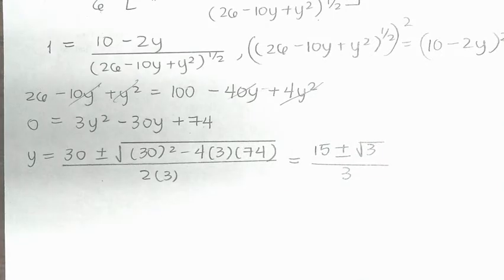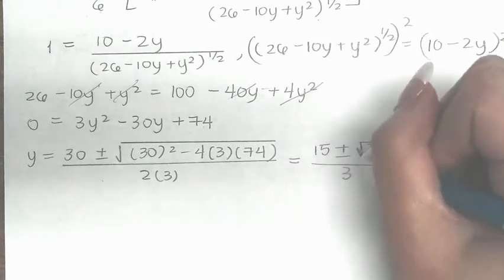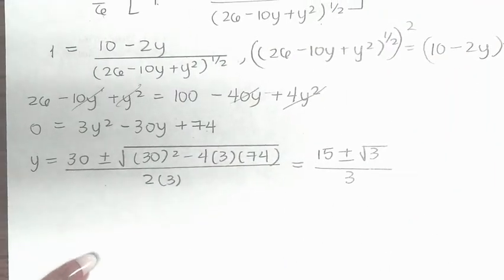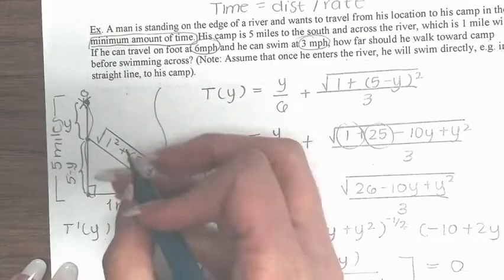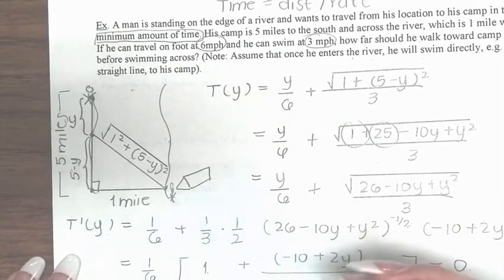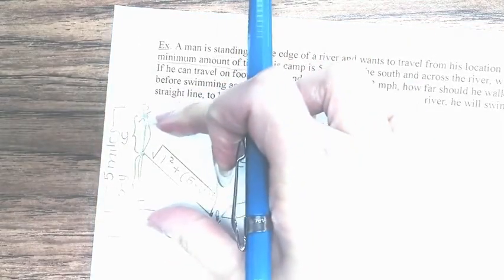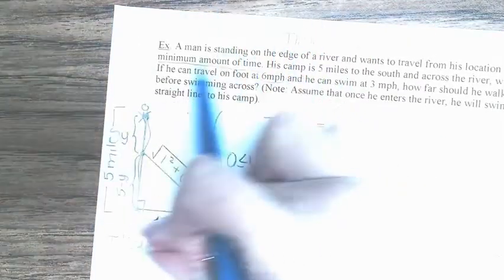Okay, at this point you are like, oh my goodness, how in the world am I going to know what to do with this one? Well, in the situation that we have, let's go back to our graph. You know that your y is limited to be 5 at most, and the minimum it can be is 0. Why is that? Because the distance between the guy and the point in front of the camp is 5.